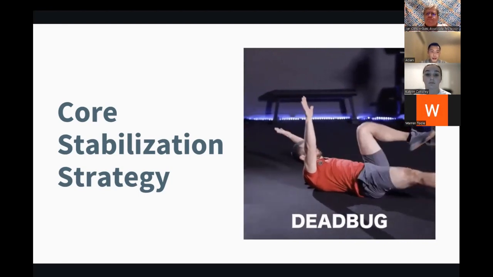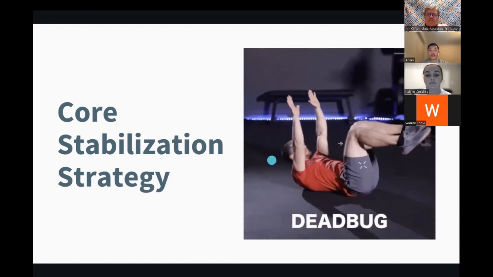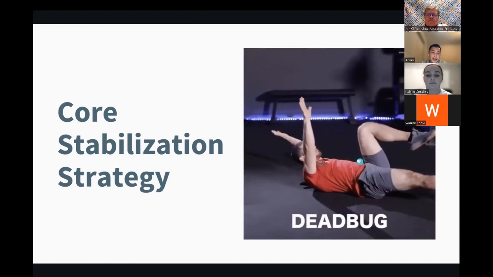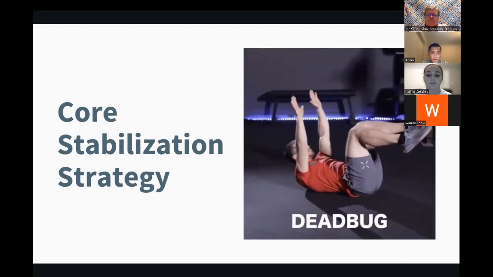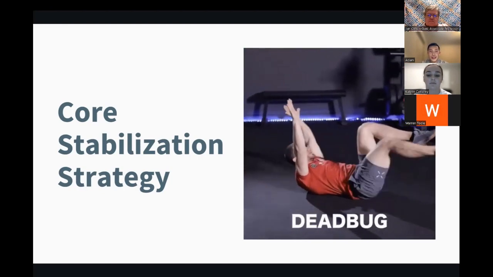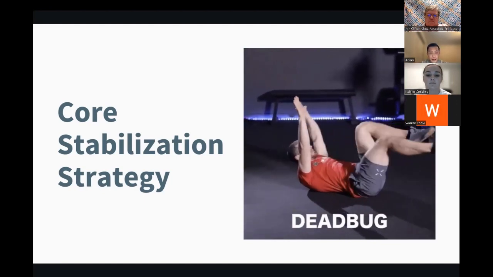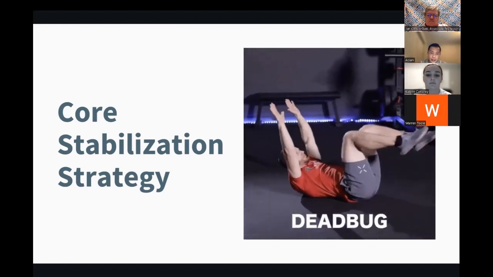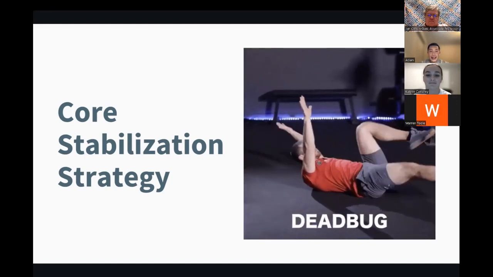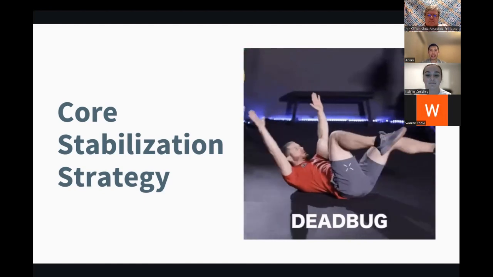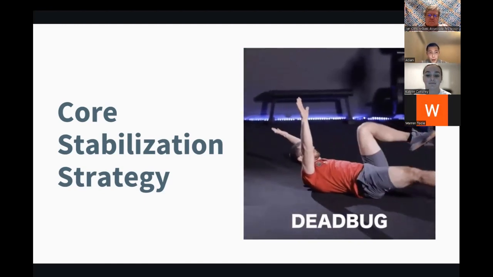So that goes back to the task and strategy. Say you look at this guy doing a dead bug. This is not like lifting 300 pounds, so he should be able to breathe while doing the dead bug. Otherwise it means he's using 100% of his diaphragm to stabilize his core.